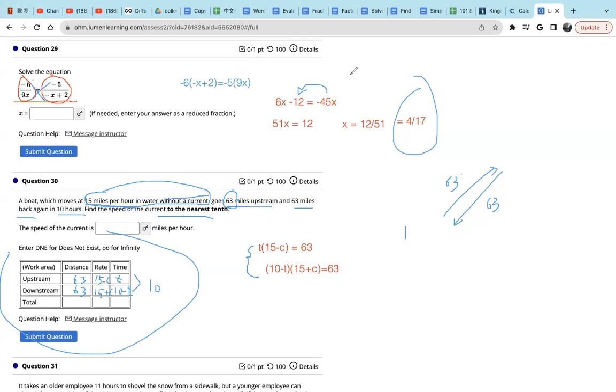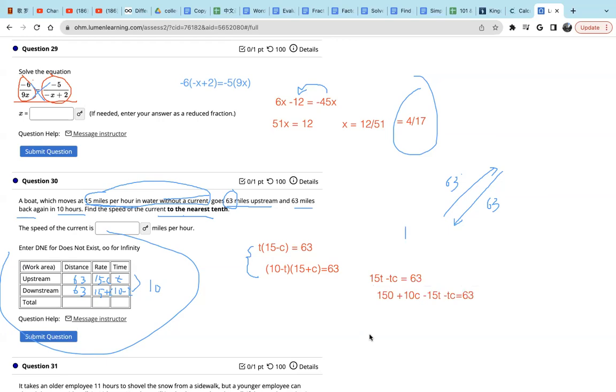So the first one, let's simplify each. We have 15T minus TC equals 63 from the first one. The second one, we FOIL it. So 10 times 15, which is 150, plus 10C, minus 15T, then minus TC, minus T times C, equals 63.